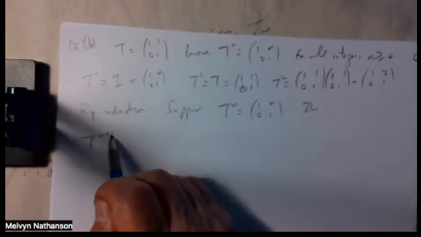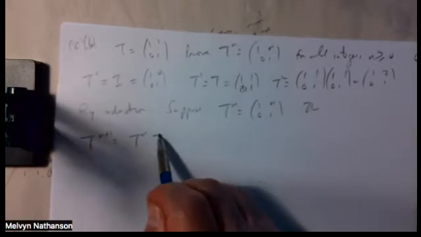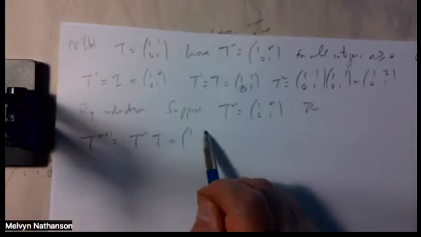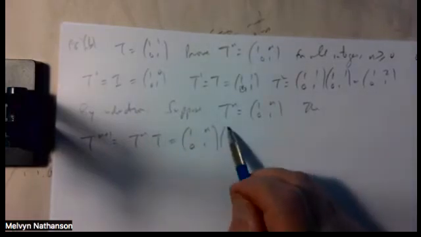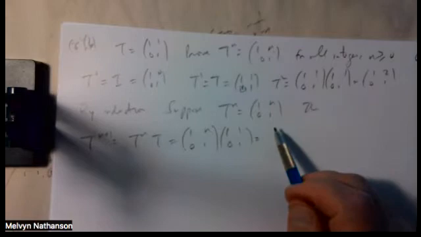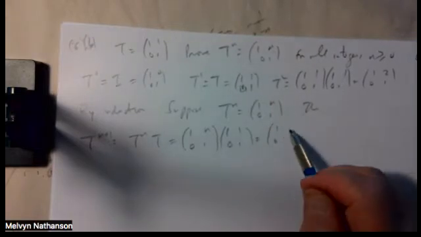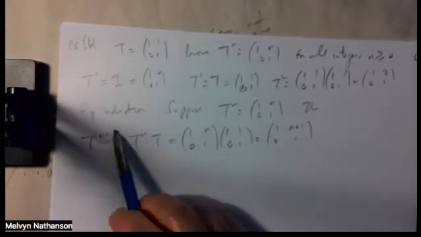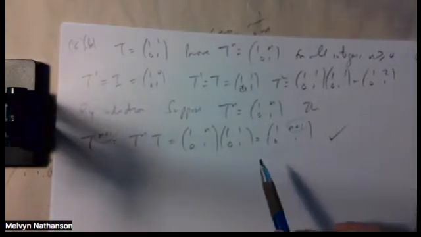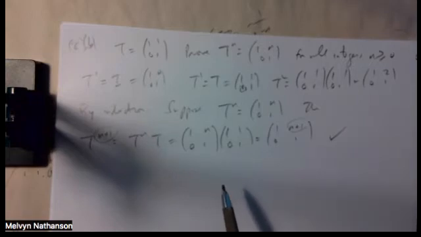So T to the n plus 1 is T to the n times T. That's 1, n, 0, 1 times 1, 1, 0, 1. Just doing matrix multiplication, this is what you get: n plus 1 here. So if this statement is true for n, it's true for n plus 1. Therefore, it's true for all n.